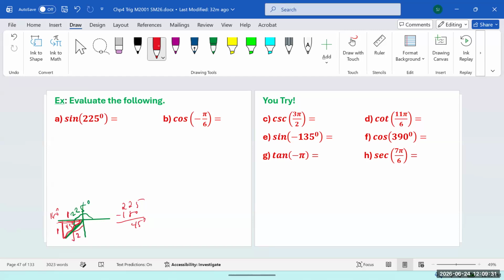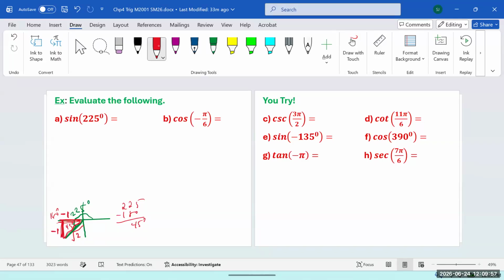And then you decide the sign for your sides. On the third quadrant, is your x positive or negative? Negative, so it's -1. On the third quadrant, is your y value positive or negative? Negative, so it's -1. And then you find your sine.